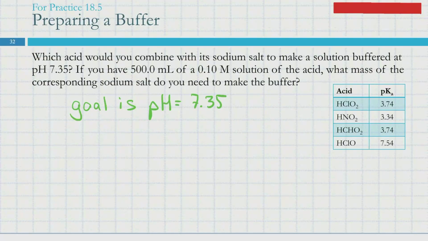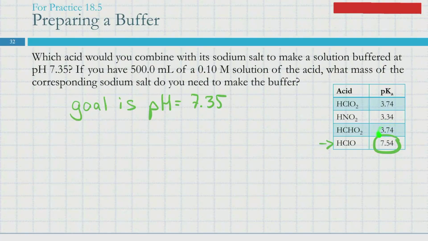So our goal is pH of 7.35. Only one of these acids is suitable to use as a buffer for that pH. Which one is it? The last one, the hypochlorous acid. So hypochlorous acid is the one that works here because it's got a pKa that's in the same vicinity. It's within 1 pH unit of our target.